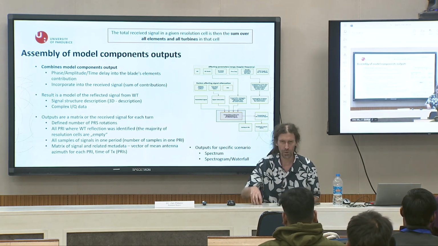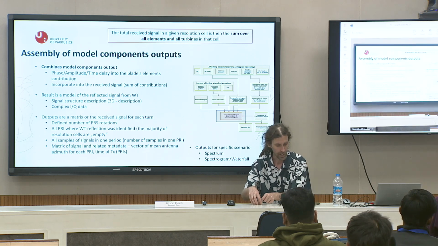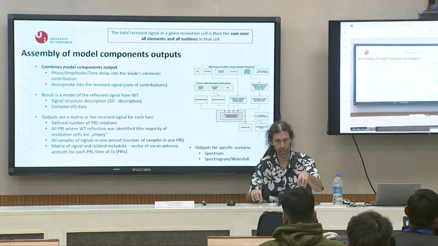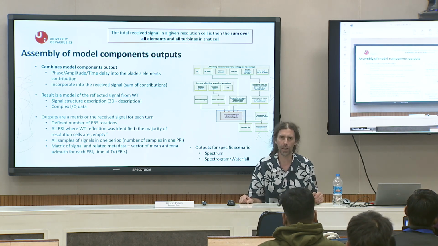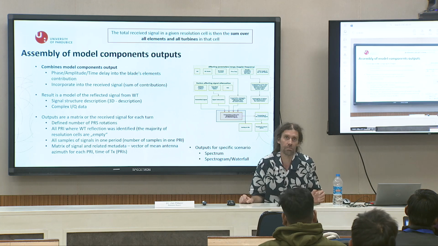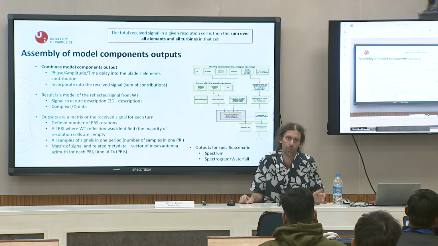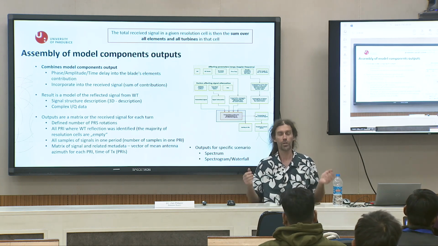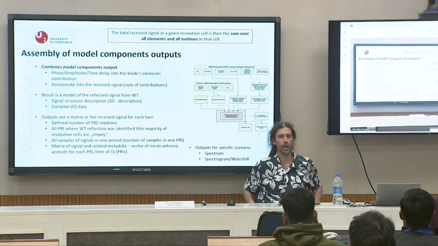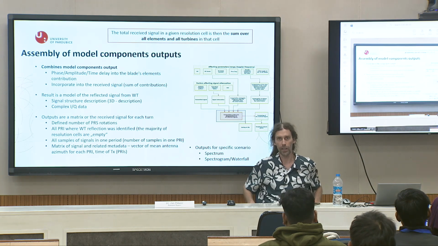In one resolution cell is a wind turbine, in five of them there is no wind turbine, so it is almost like a sparse matrix. The majority of cells will be empty, do you agree? So it means I don't need to compute in each resolution cell. Where do I need to compute? Only where the wind turbine is located.